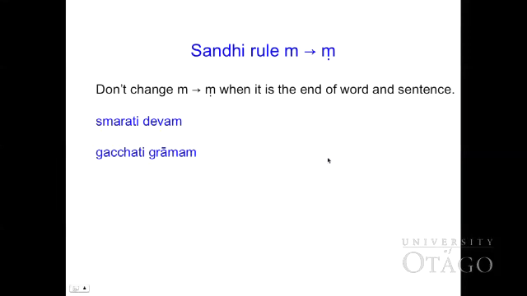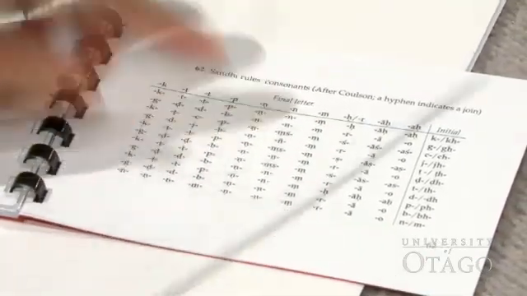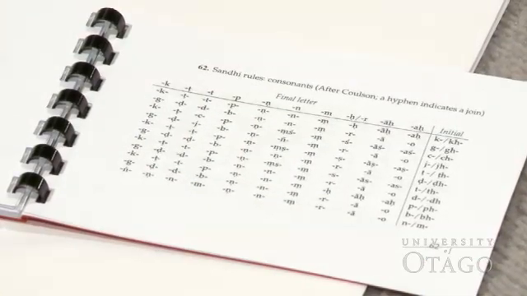Now let's see the Sandhi rule for M. You can see from the chart, page number 62 and 63 over here. This is the chart to see for final M. Then see the detail.